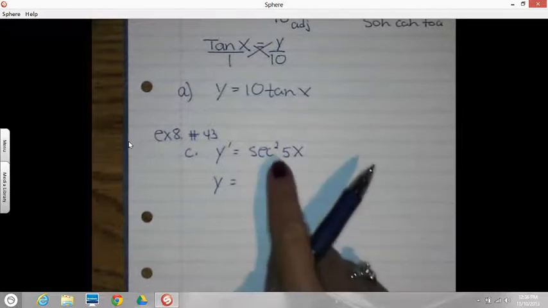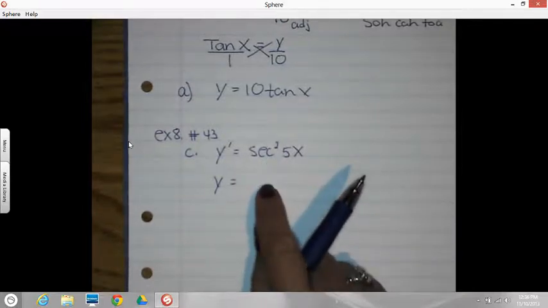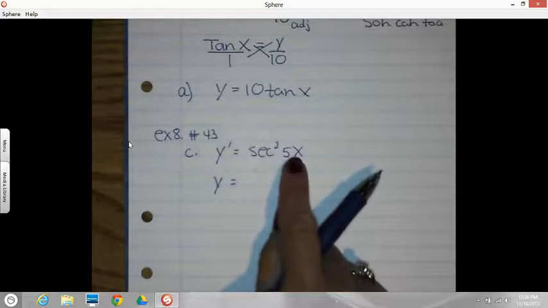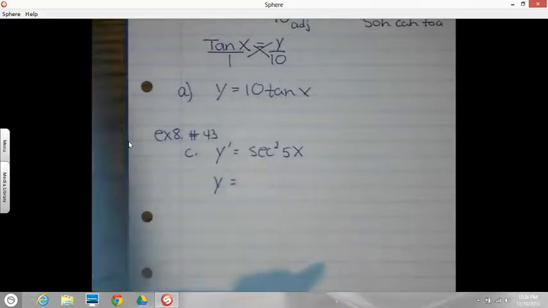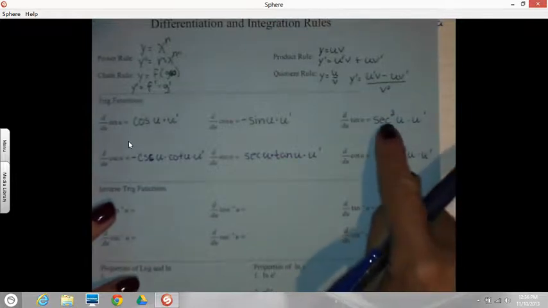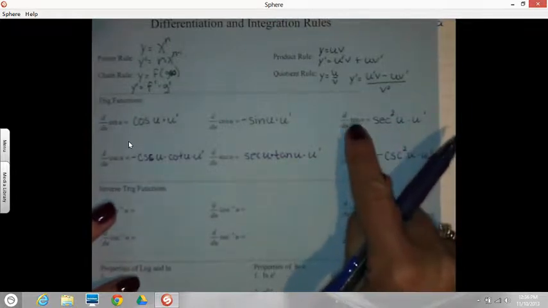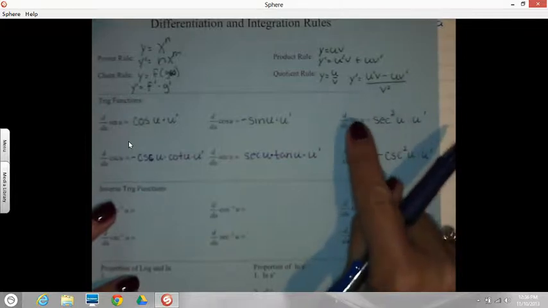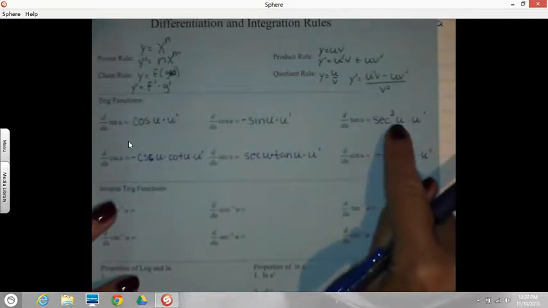Well, you first have to ask yourself, what trig function has secant squared as its derivative? If you look, secant squared is the derivative of tangent. So your original function had to have tangent so that when you do the derivative, you get the secant squared.